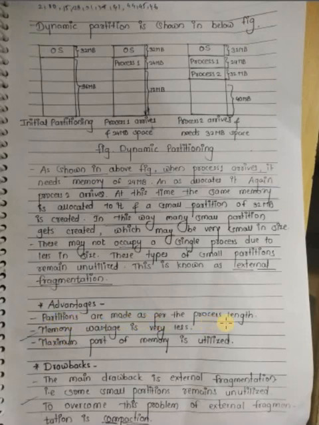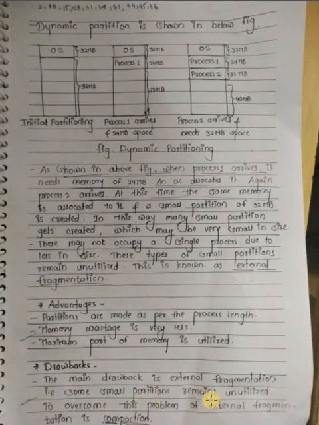Partitions are made as per the process length. So here memory wastage is very less. Here partitions are made as per the process requirement. So here less memory wastage is done. But the main drawback of this is the external fragmentation. That is, some small partitions remain unused in this method.